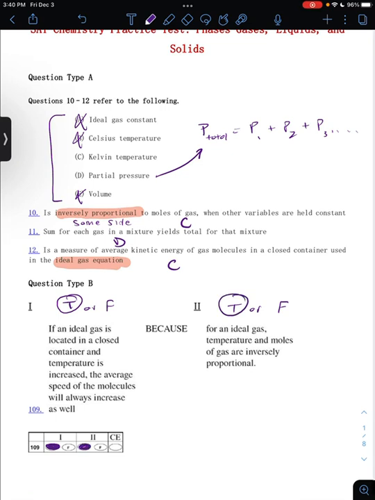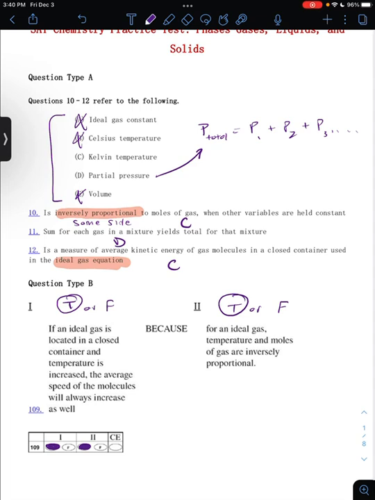Now, what they're asking for in that third part is, are they both true because of something? So it reads: if an ideal gas is located in a closed container and the temperature is increased, the average speed of the molecules will increase as well, because for an ideal gas, temperature and moles of a gas are inversely proportional.